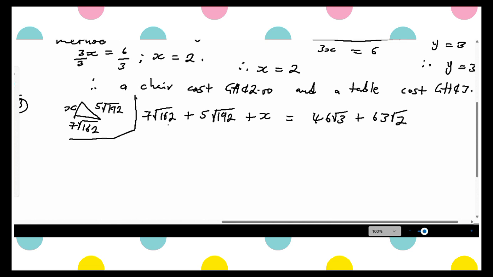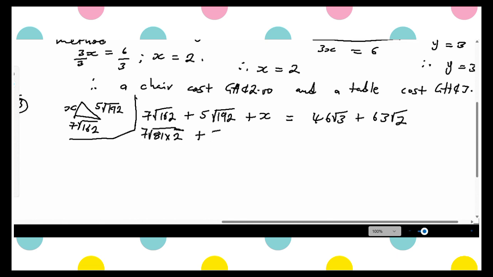So we're going to look for the prime number that we can multiply by a certain perfect square to get 162, and that is 2 times 81. So 81 times 2 will give us 162.